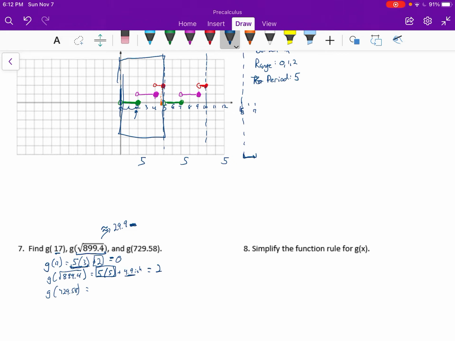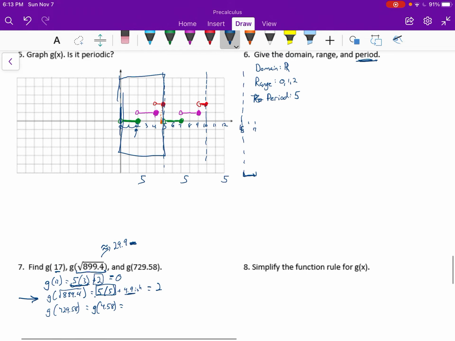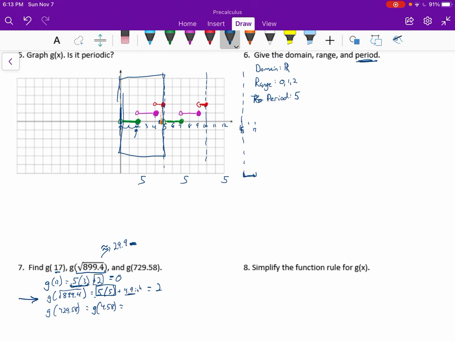So really, we're very similar to the one before it, because we don't have to worry about the 700, because that's like starting over. So again, it's almost like 29.58. So we're going to be looking at g of 4.58, which from the one we just looked at, we know that in the 4s, 4.58, which is about right here up on our graph, still is paired with 2. So that's equal to 2.